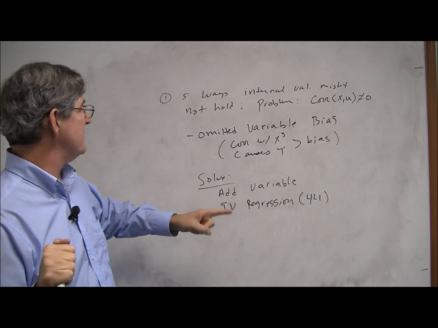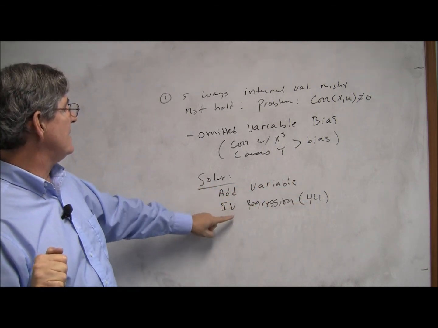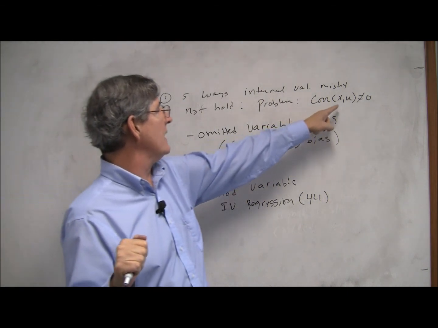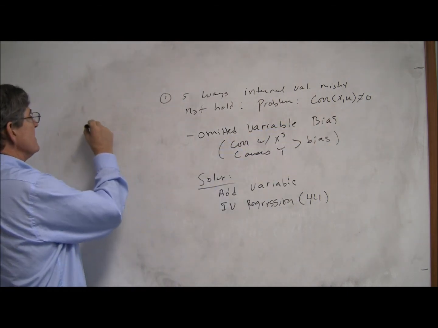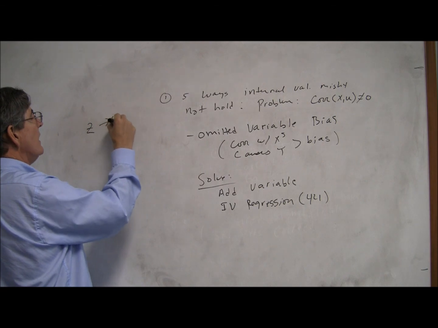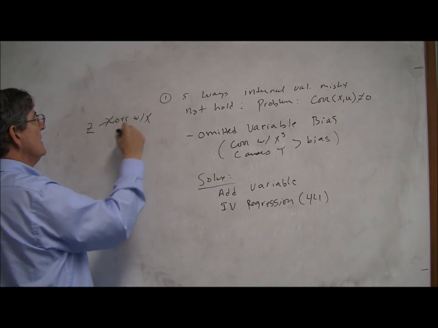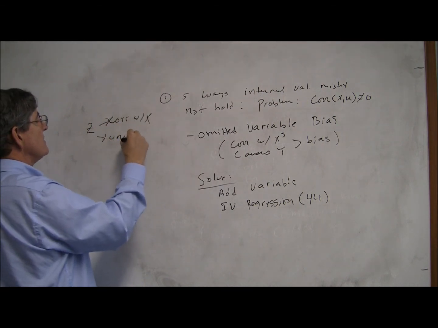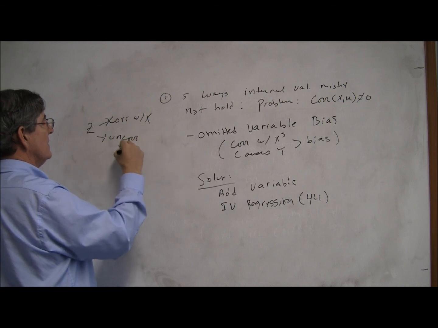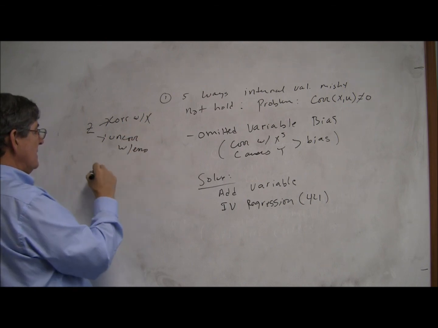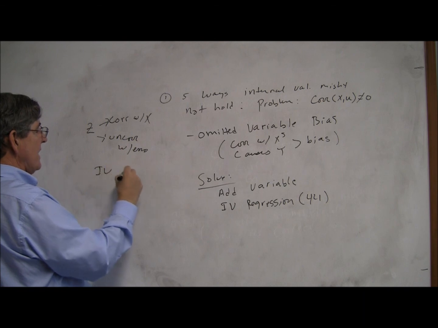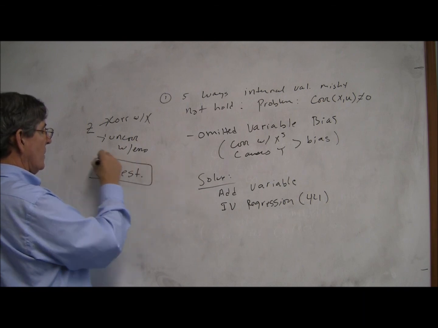And so IV estimation is a good way. IV can generally overcome this correlation problem. So you find another variable z that's correlated with x but uncorrelated with the error term. And then you use the IV estimator that you'll learn in 421.